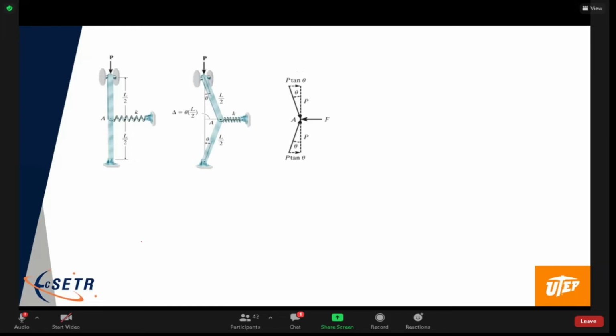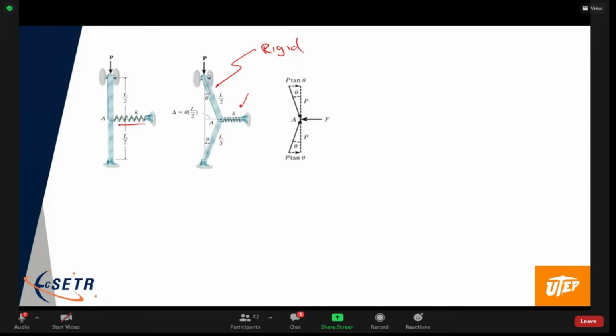So here we've got this pin structure, right? You can assume that these links are rigid in comparison to the stiffness of the spring, okay? So we're going to assume that those two links are fully rigid, and the only thing that allows the structure to comply is this spring here.